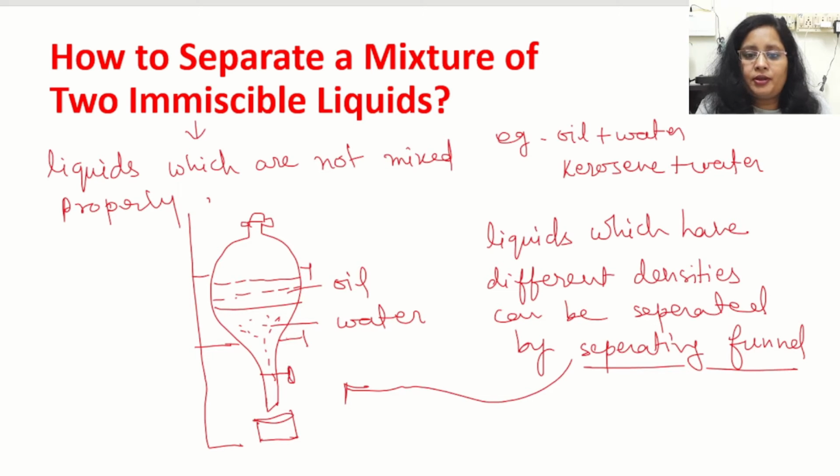We will open the stopcock and collect all the water here, and then again we close the stopcock, and again we'll remove the beaker, put a new beaker and collect the oil separately in the separate beaker. So this is the whole story of using a separating funnel to separate two immiscible liquids.